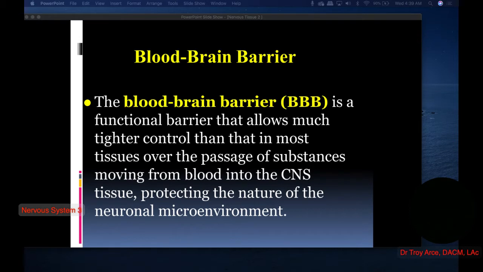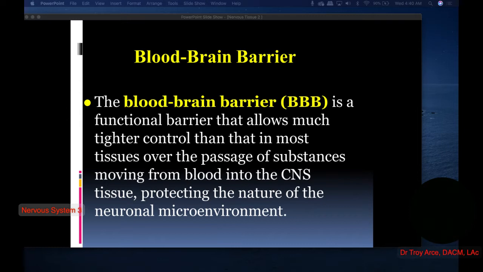So we have the blood-brain barrier, which is a functional barrier that allows much tighter control than that in most tissues over the passage of substances moving from the blood into the central nervous system tissue. So, this is a way of protecting the neuronal microenvironment that exists in our brain and in our central nervous system. And so we need to protect that.